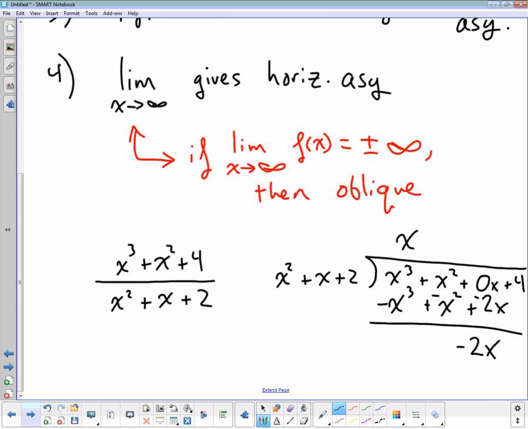And at this point, gentlemen and ladies, I don't even have to go any further. I can stop right there. Because in order for me to go from x squared to negative 2x, I would have to multiply it by negative 2 over x, which is not a straight line.